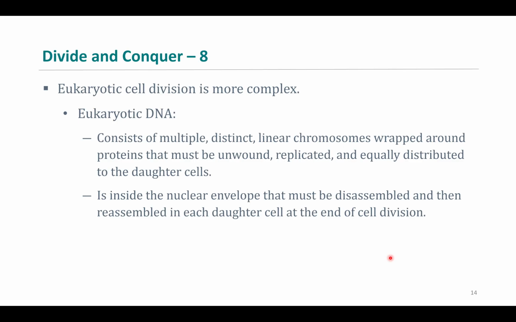Eukaryotic cell division is much more complex. In eukaryotes there is a true nucleus, meaning the genetic material is surrounded by a nuclear membrane. The genetic material is in the form of genes, and the genes are located in distinct linear chromosomes.